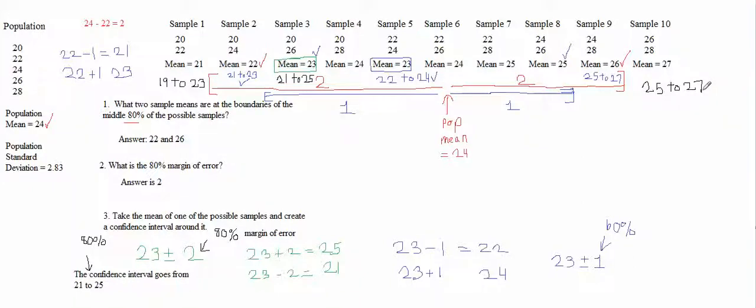This 60% confidence interval up here did not include the population mean. So if you're creating an 80% confidence interval, you have to choose a sample from the middle 80% for the confidence interval to go across the population mean. If you're creating a 60% confidence interval, you have to select one of the middle 60% to make the confidence interval go across the population mean.